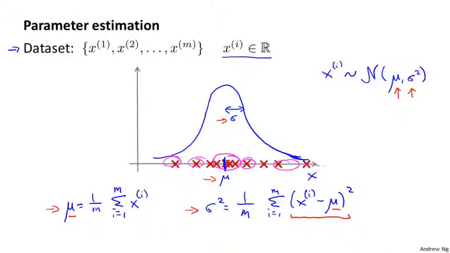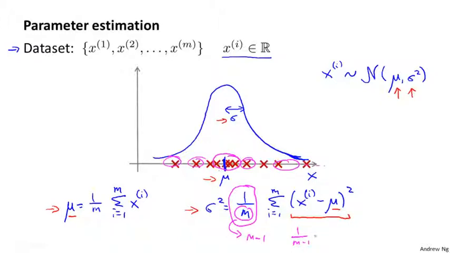Finally, one last side comment, again only for those of you that have taken a statistics class before. Some of you may have seen a version of the formula where it is m minus 1 instead of m, so this first term becomes 1 over m minus 1 instead of 1 over m. In machine learning, people tend to use the 1 over m formula, but in practice, whether it is 1 over m or 1 over m minus 1 makes essentially no difference, assuming m is reasonably large, that you have a reasonably large training set size.